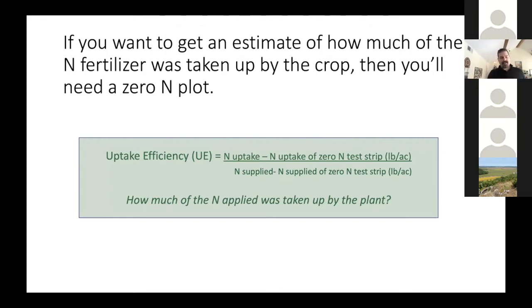So for the uptake efficiency, you need to know how much nitrogen is available to the crop from the background levels. And in central sands, that'll be a little bit from the soil organic matter, and then from that background and from what would be applied through the irrigation. And then we would look at something like this. So on the left here, this is the total nitrogen uptake in a fertilized plot in the sweet corn.